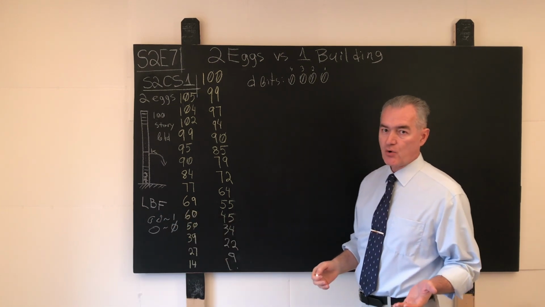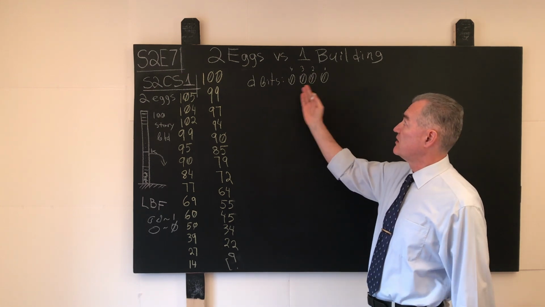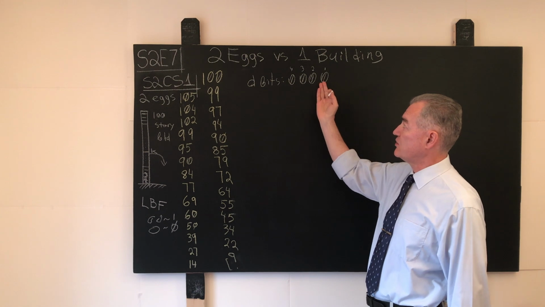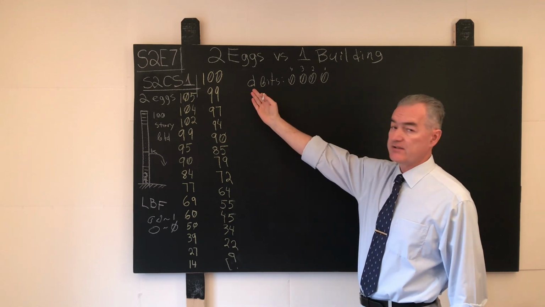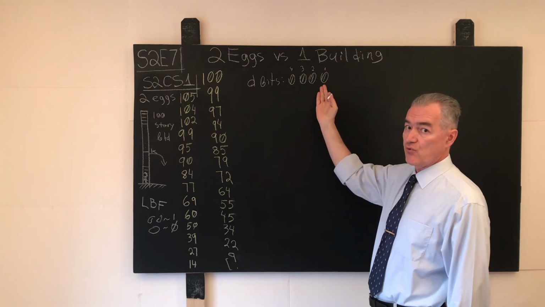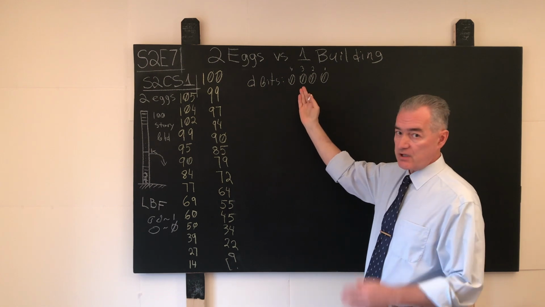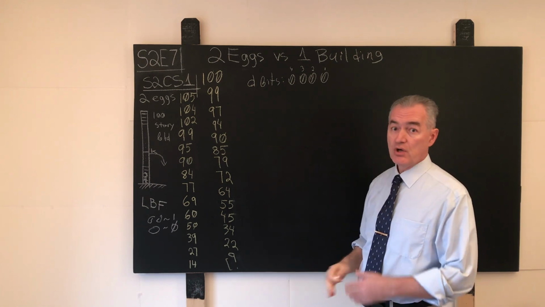First of all, it may so happen that 0 eggs break, and then if we execute, for example, as a temporary stand-in, 4 drops, we see on drop number 1 no break, drop number 2 no break, drop number 3 no break, drop number 4 no break.